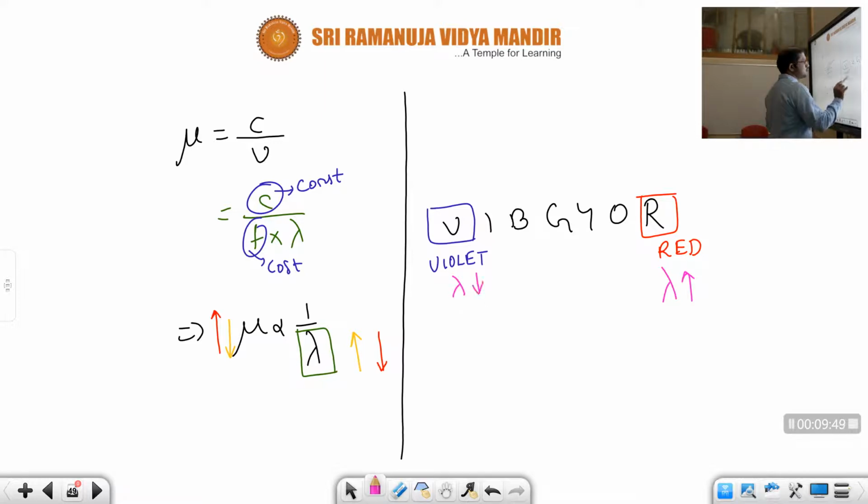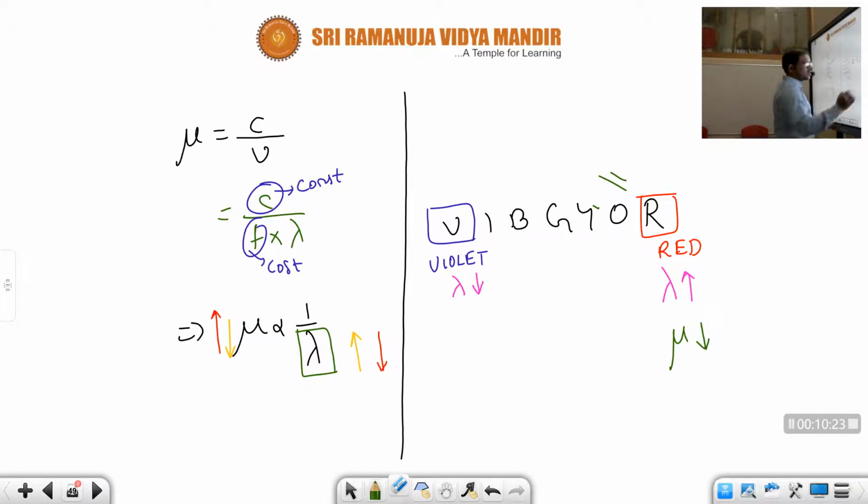Violet has less wavelength. If a light is red, that red light has more wavelength. Since it has more wavelength, what about refractive index for red color? Refractive index will be less. Compared to all these colors, red has more wavelength, so it will have less refractive index.